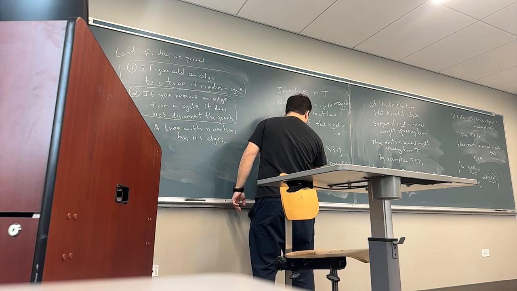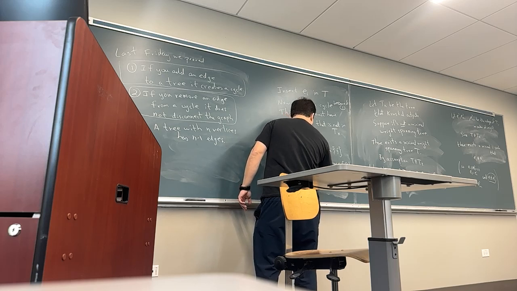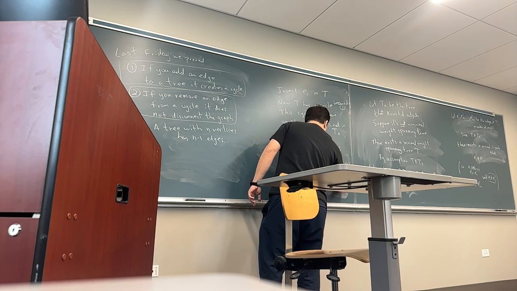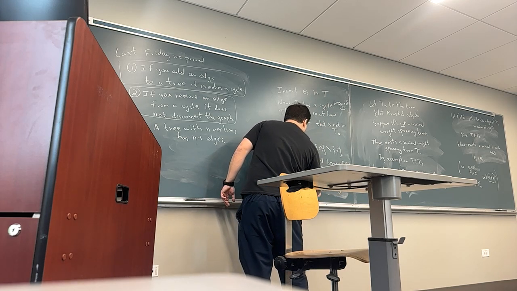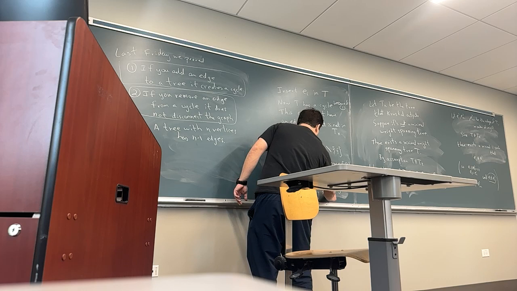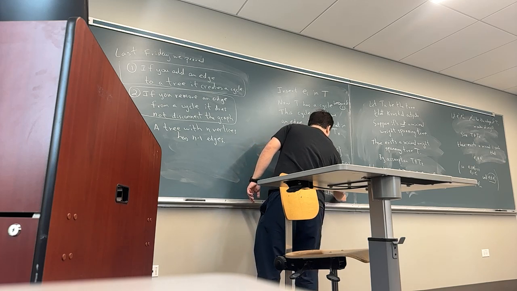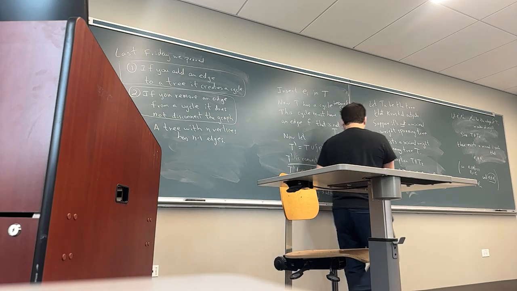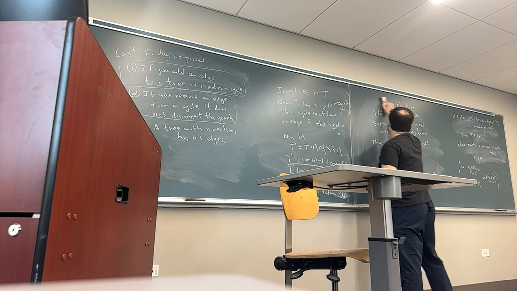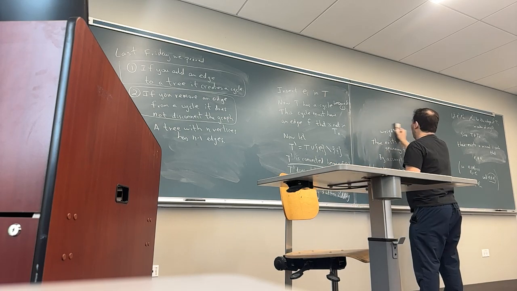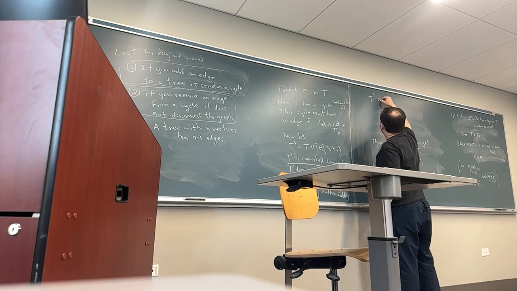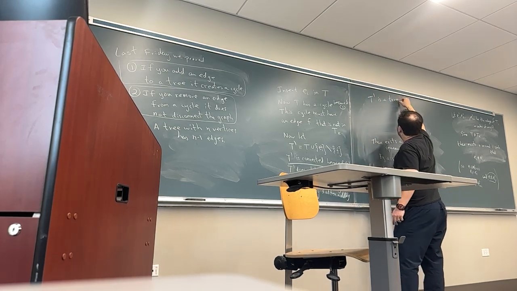T had no cycles, and by removing F after adding EI, all right, so that means that T prime is a tree, right?